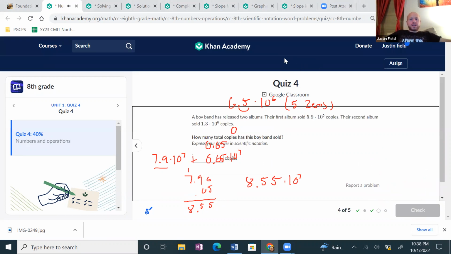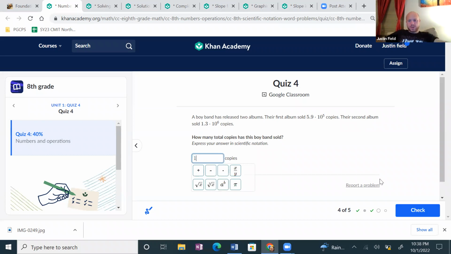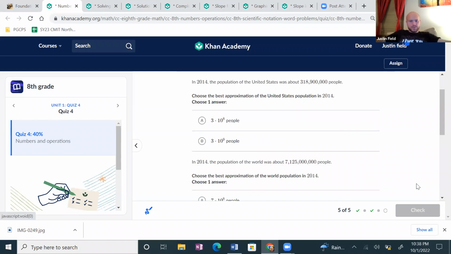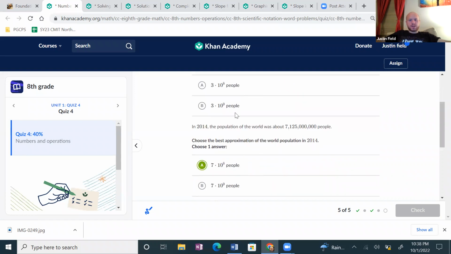Okay. All right. How many total copies sold? So we got their first album, their second album, so we're adding them together. Okay, so you can add them together. I just did that. And then this one, okay, we are approximating. I did that, approximating.